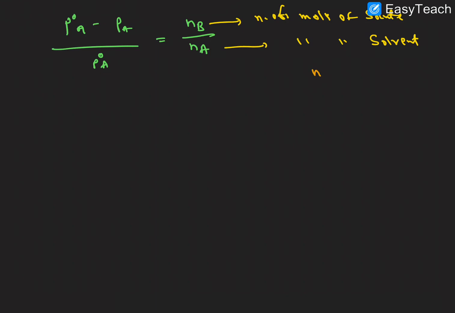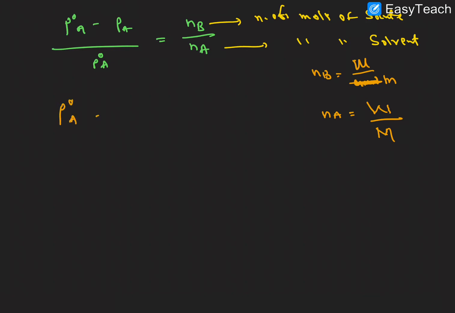We know that number of moles of B, small w, is nothing but weight by gram molecular weight. So nA equals capital W by capital M, and for the solute we take small m, that is nothing but molecular weight only, okay?